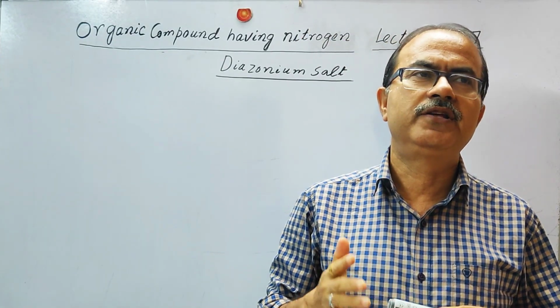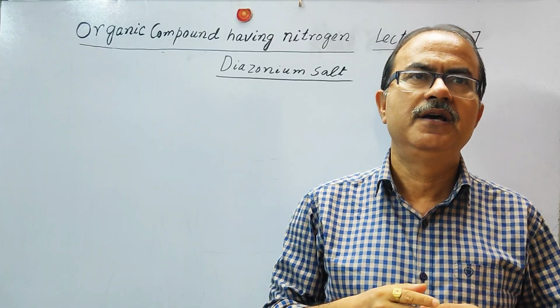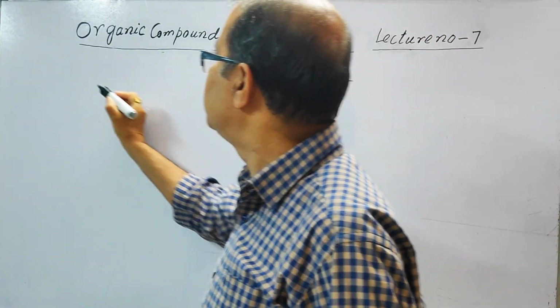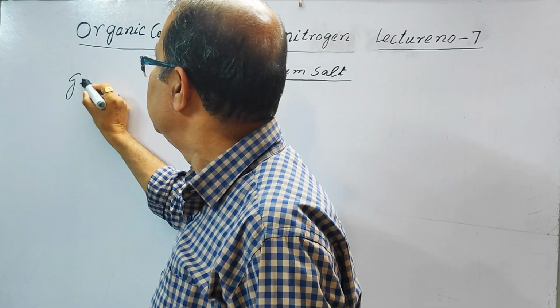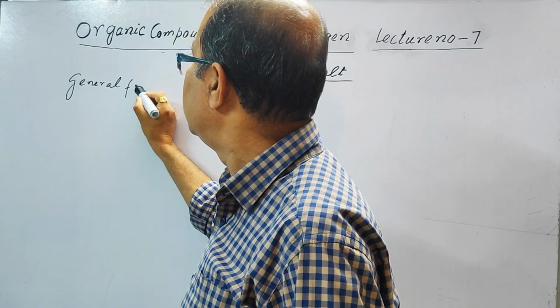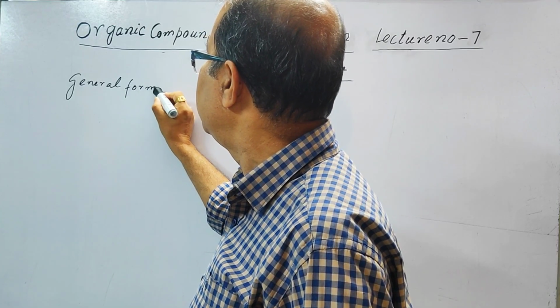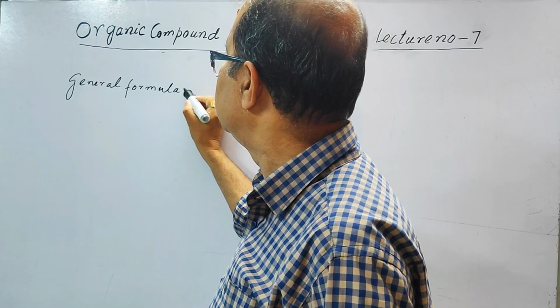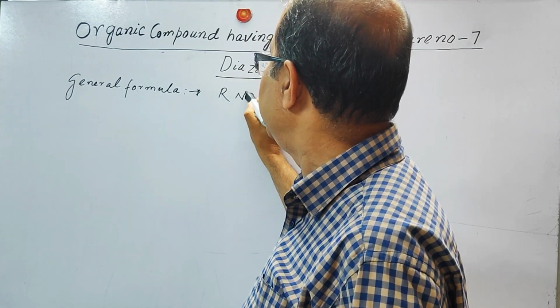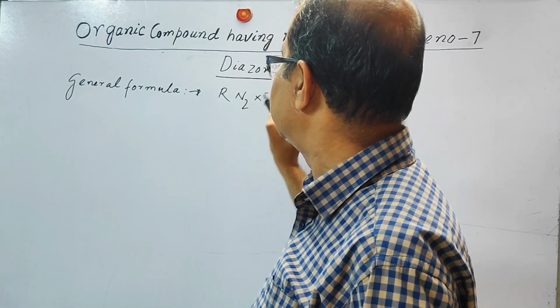First let's understand what basically a diazonium salt is. The general formula of this diazonium salt is R N2 X minus.